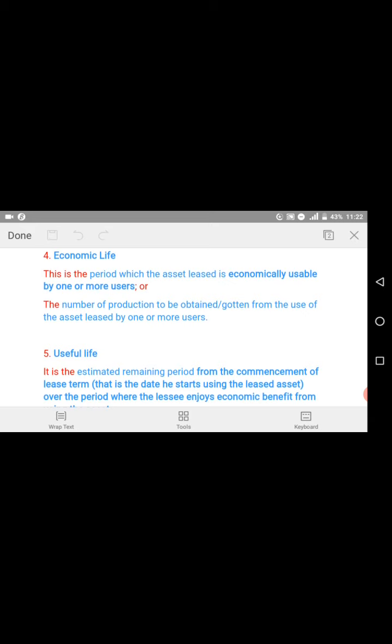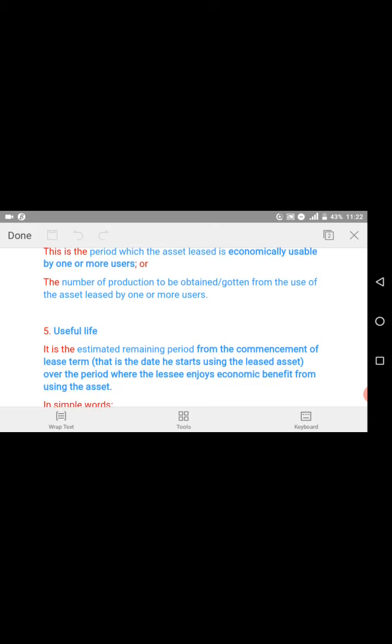Now note this, from the commencement of the lease term, that is the date the lessee starts using the leased asset, over the period where the lessee enjoys economic benefits from using the asset.